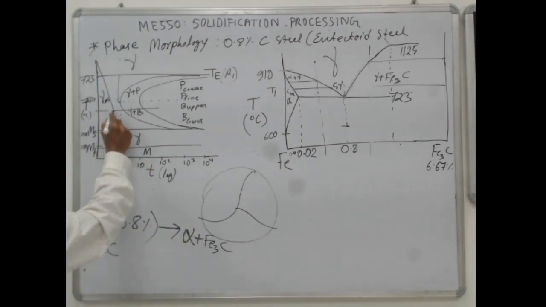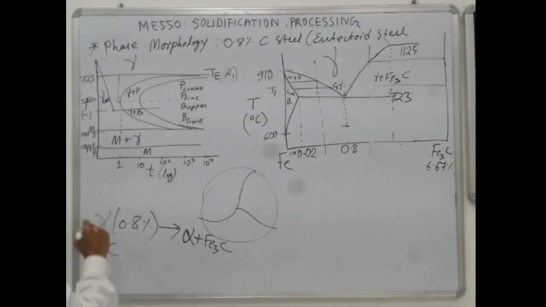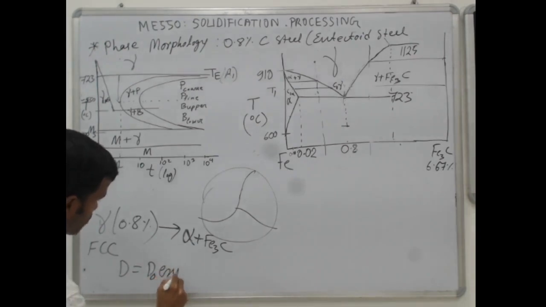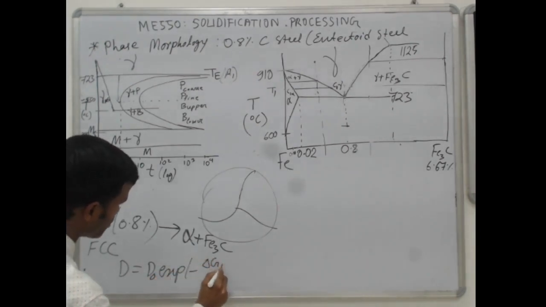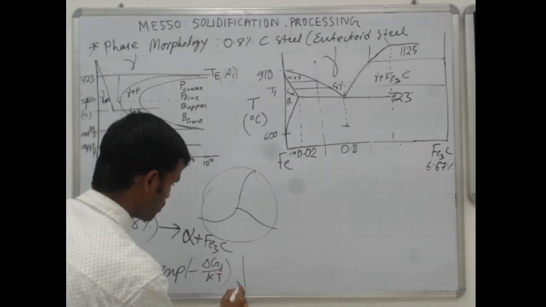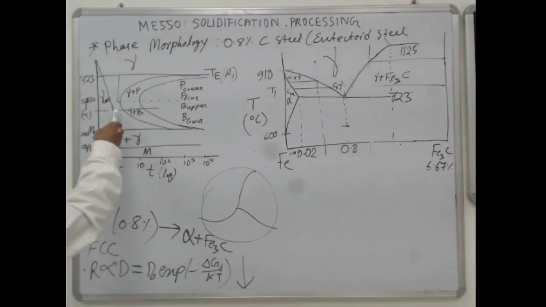So what happens? You come here, as your undercooling is very high, diffusion, which is equal to D0 into exponential of minus delta G_D by kT, the growth rate is proportional to the diffusion coefficient D. So it will drop if your undercooling is very high.